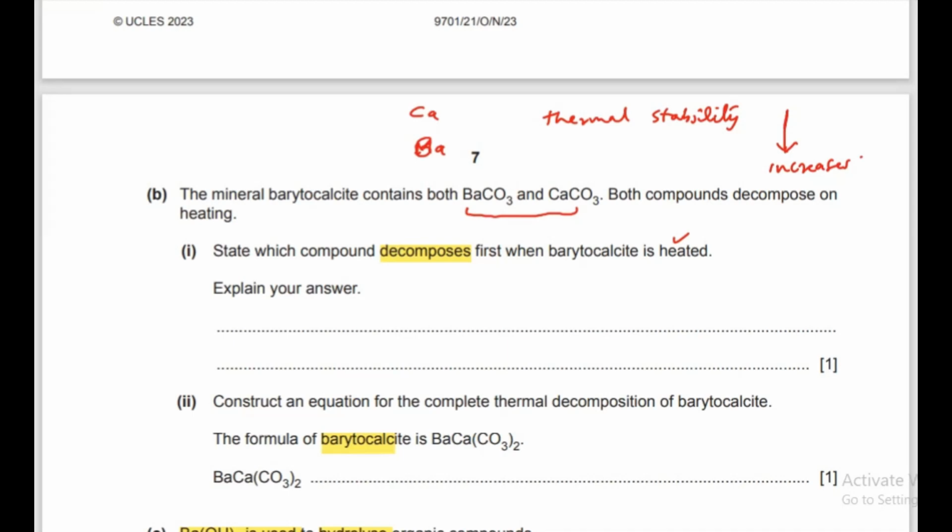Calcium carbonate is thermally less stable, so that's why calcium carbonate decomposes first. Calcium carbonate, because thermal stability increases down group 2.